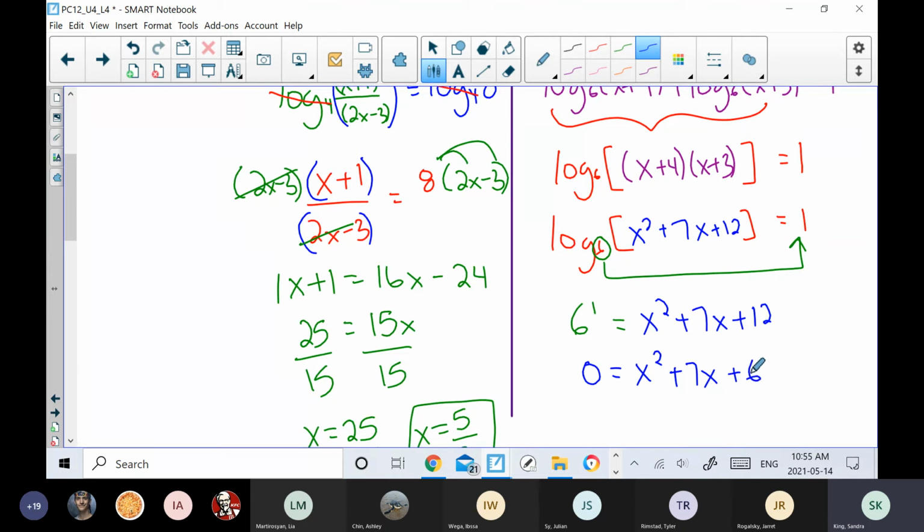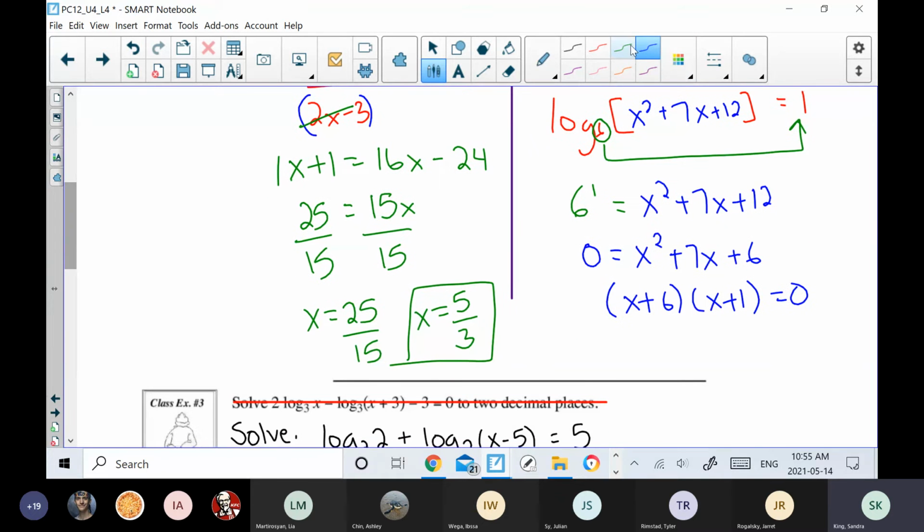That's going to be 6 and 1. You must still not drop that 0. You could put the 0 on the left-hand side if you wanted to. It doesn't really matter. At this stage, you could just solve in one step. This x is equal to negative 6. This x is equal to negative 1.